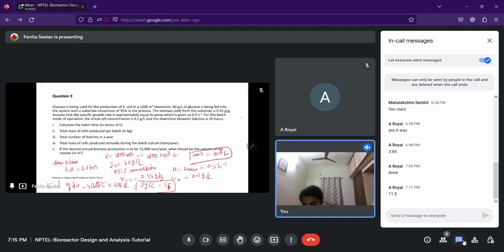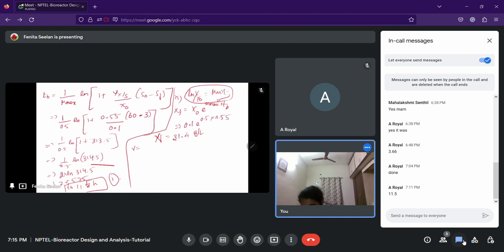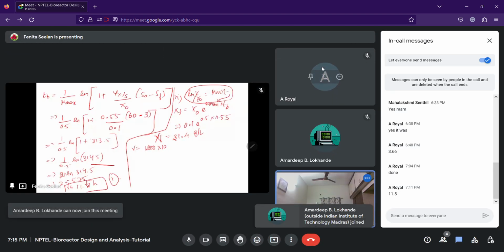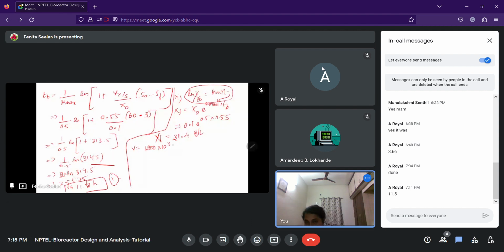So 1200 into 10 to the power 3 liters, or 12 into 10 to the power 5 liters. Weight by volume will give our concentration, right?